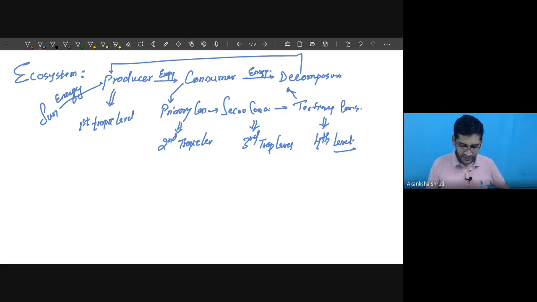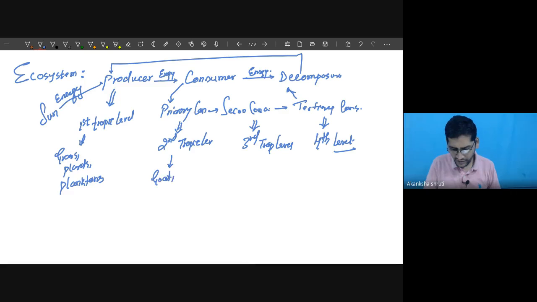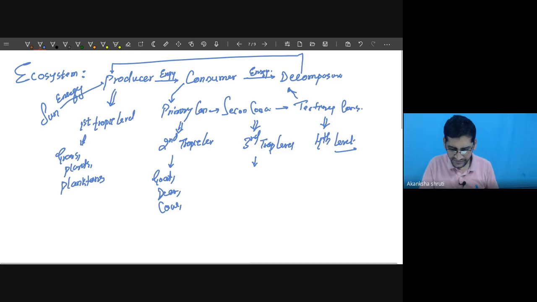Students, so here the first trophic level, the example that we had already written: all the grass, plants, planktons. The primary consumers are like our goat, deer, cow, etc. The secondary, what have we taken?